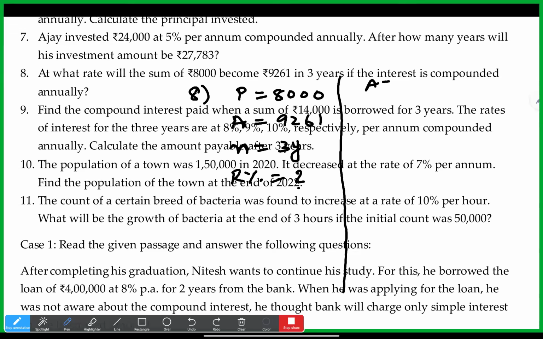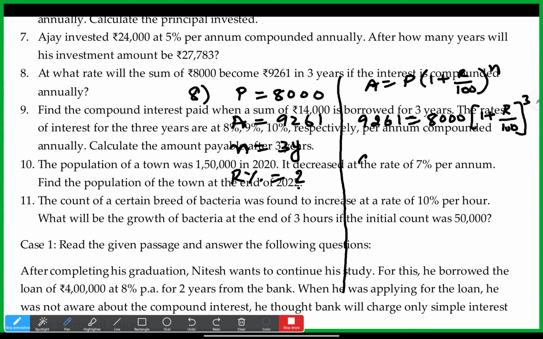So formula: A is equal to P into 1 plus R by 100 whole power n. A is 9261, P is 8000, into 1 plus R by 100, we need to find out R only, whole power n as 3.